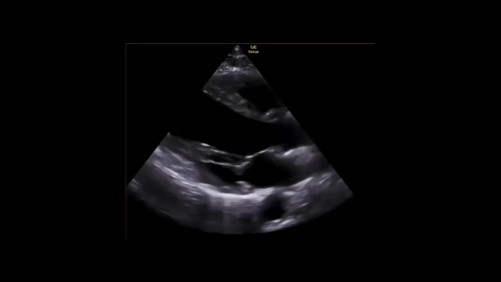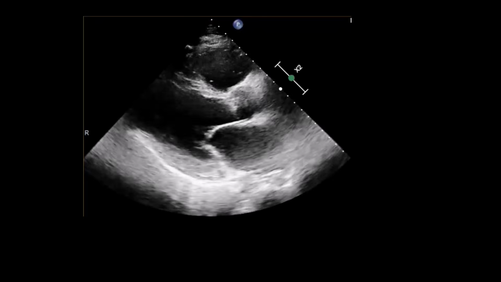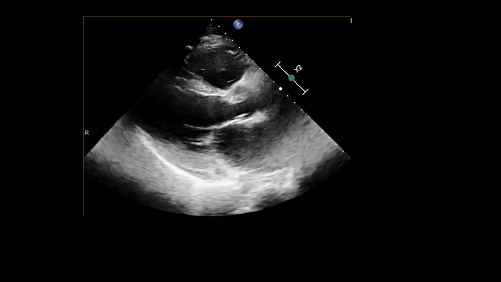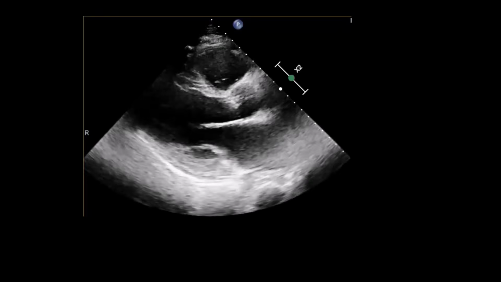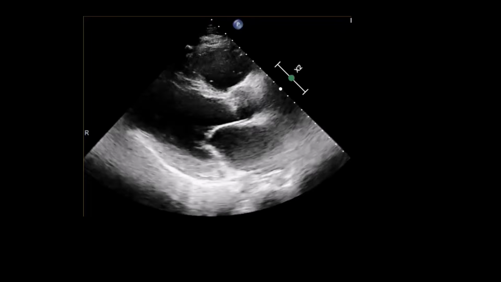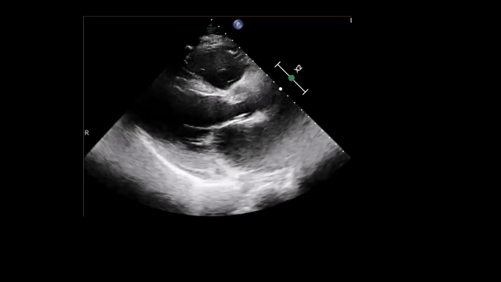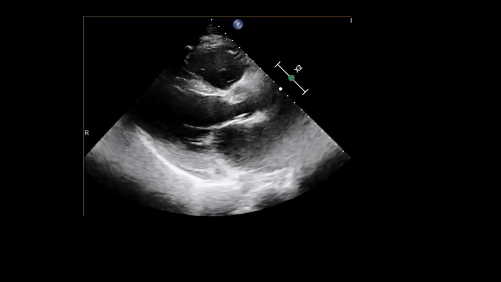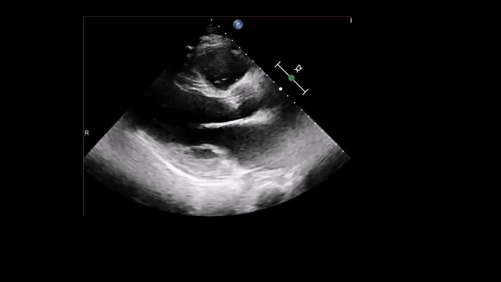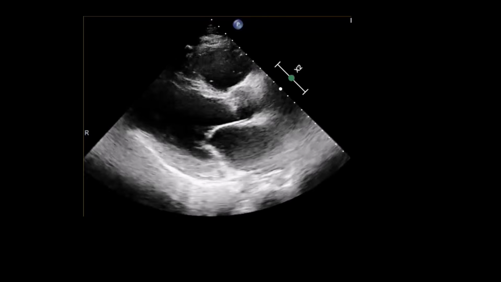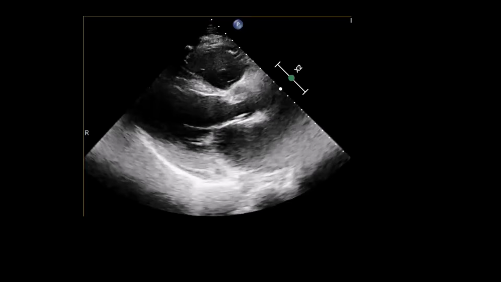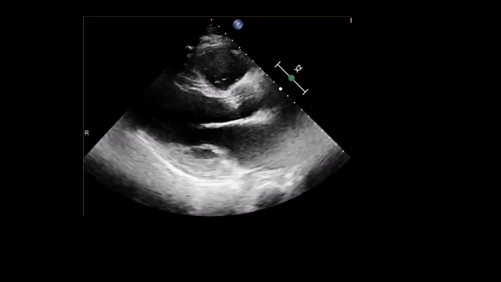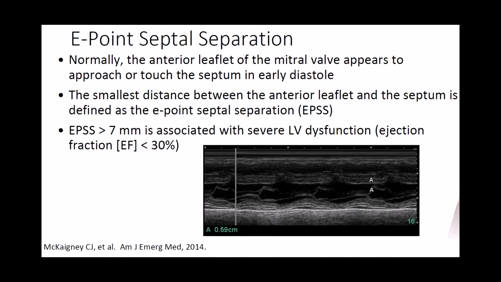But the problem is, if the LV is severely impaired in terms of systolic function, then the blood that's leaving the LV during systole is not much, and the residual volume inside the LV is high, and then there is no chance for the left atrium to evacuate lots of blood to the LV, because the LV is already distended and full of blood. So the anterior leaflet of the mitral valve will not be wide open, because not a lot of blood can move from the left atrium to the left ventricle.